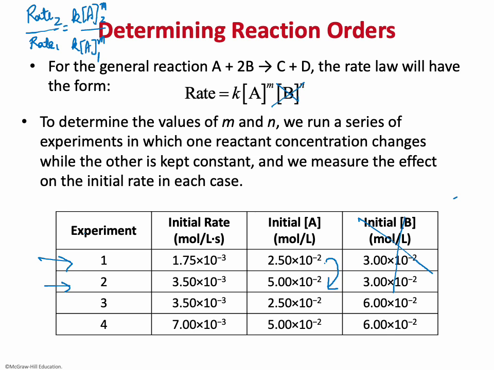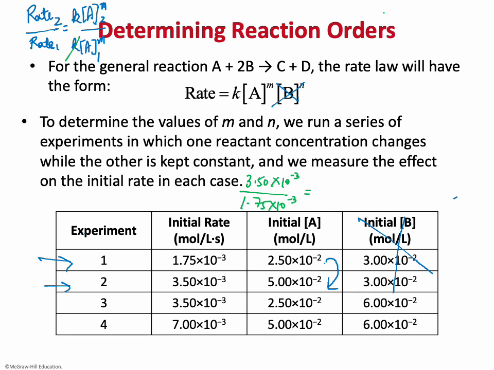First thing, K and K will get cancelled. Rate of 2 is 3.50 times 10 raised to the minus 3 divided by 1.75 times 10 raised to the minus 3.